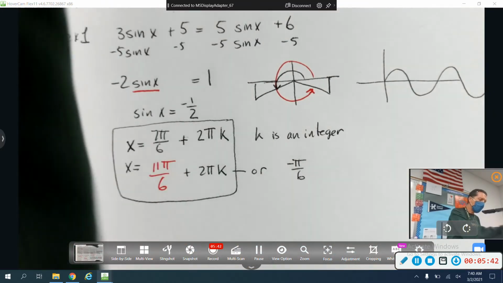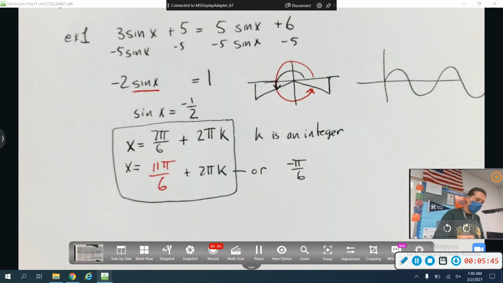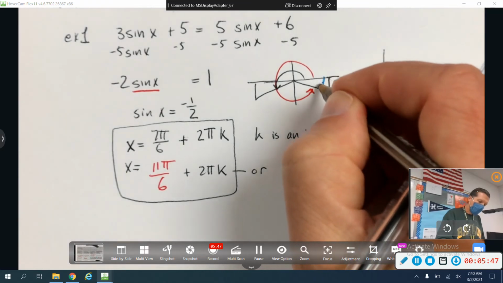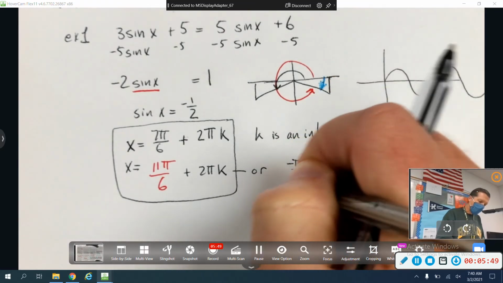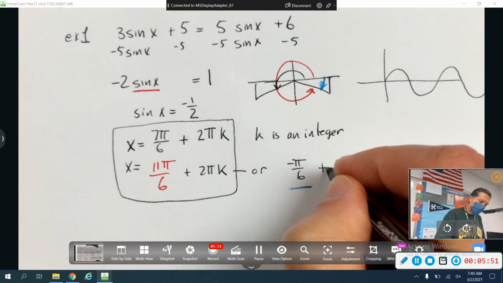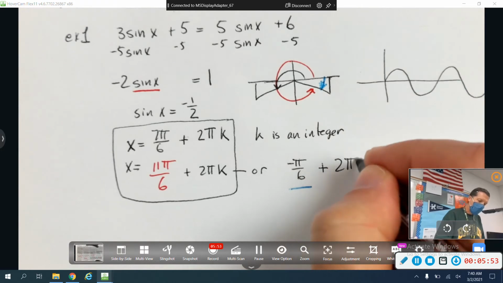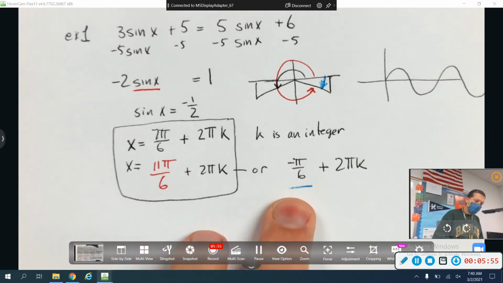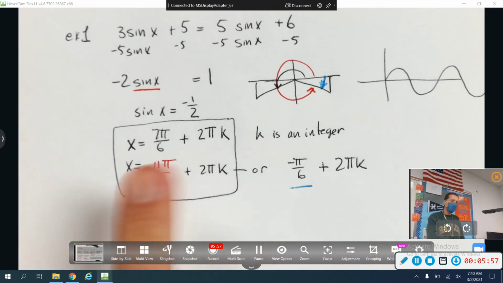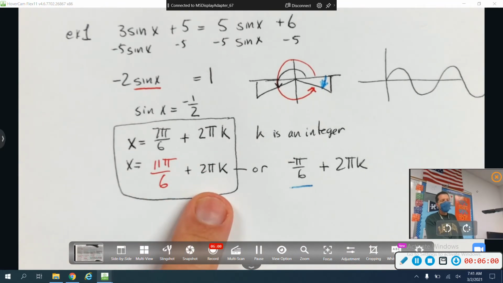And so if you saw that angle and you were thinking negative pi over 6, that's fine, because that's the same thing. Negative pi over 6 plus 2 pi k is the same thing as 11 pi over 6 plus 2 pi k. It's just a matter of which way you go to get there. And so I guess it's nicer than the restricted ones where you could only use the negative one. Now it doesn't matter because we want all the answers anyway.